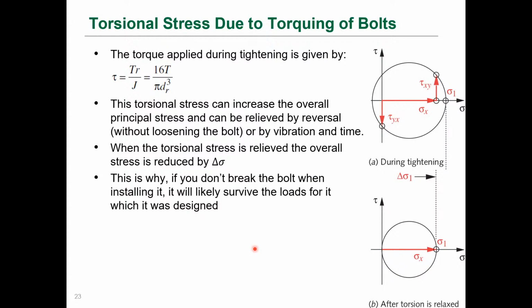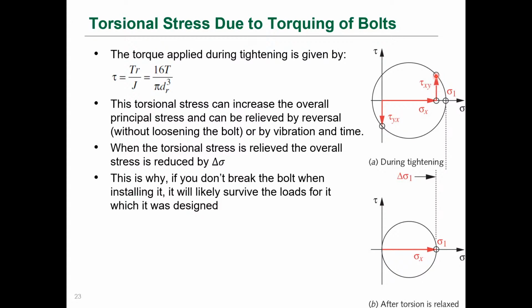So one thing we need to mention is the effect of torsional stress. Although when you tighten the bolt down, what you're primarily trying to do in a clamped assembly is to keep that joint together, when you apply the torque, which is given by our nominal torsional stress equation, the torsional stress that the bolt will see can be seen here in this Mohr's diagram.